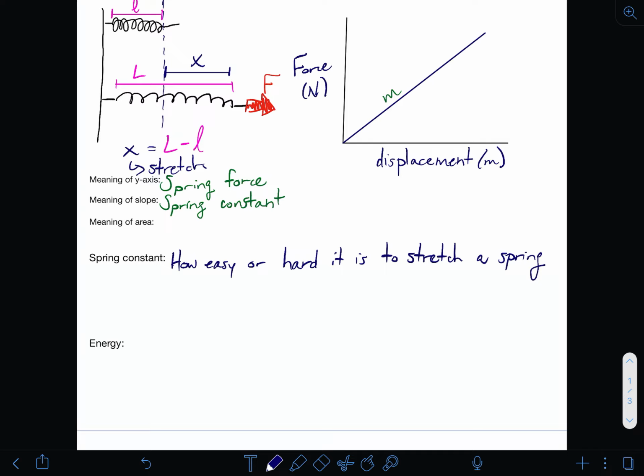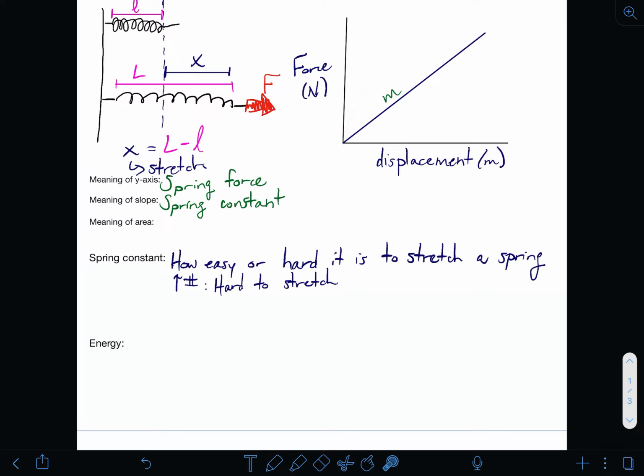Now, if we have some very large number as our slope, that's telling us that this spring must be really hard to stretch, because we have quite a steep slope on this graph.